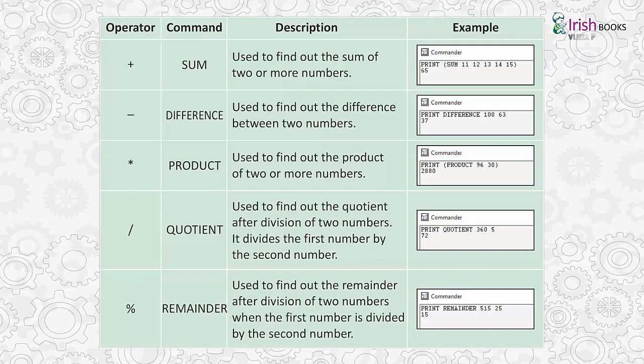Division, quotient, used to find out the quotient after division of two numbers. It divides the first number by the second number. Percentage, remainder, used to find out the remainder after division of two numbers when the first number is divided by the second number.